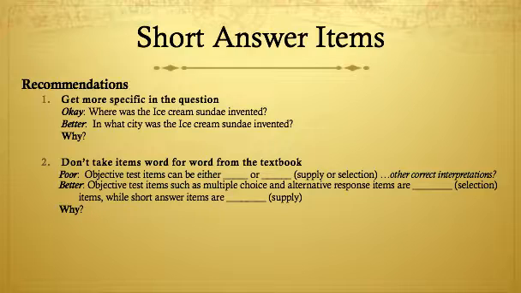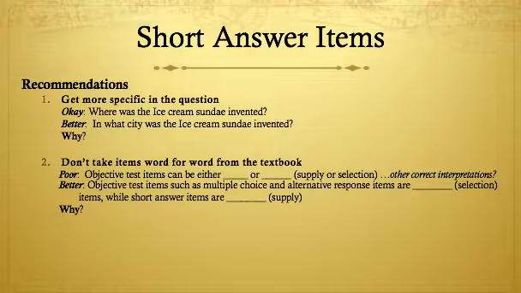So like in this case, objective test items can be either blank or blank, supply or selection, right? You could say right or wrong. You could say poorly constructed or well constructed. I could put a whole bunch of different words in there that would make sense and actually complete the sentence well. The better version is that objective test items such as multiple choice and alternative response are blank items, while short answer items are blank items.